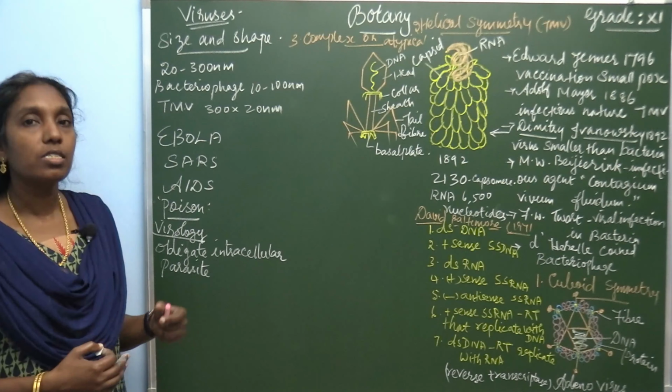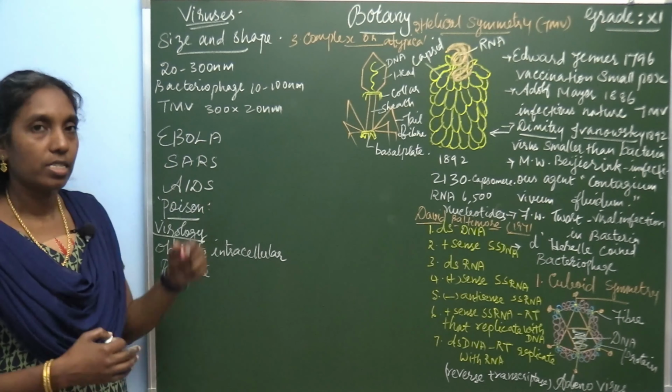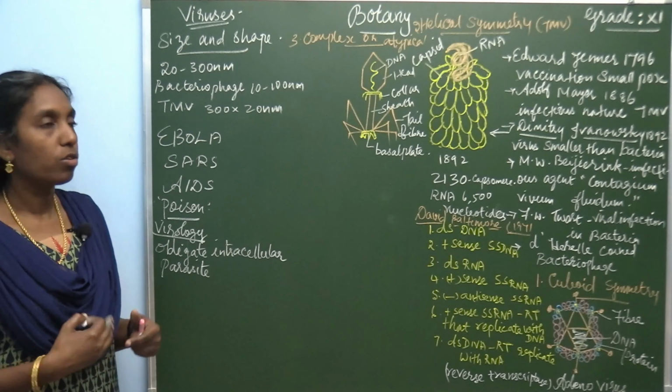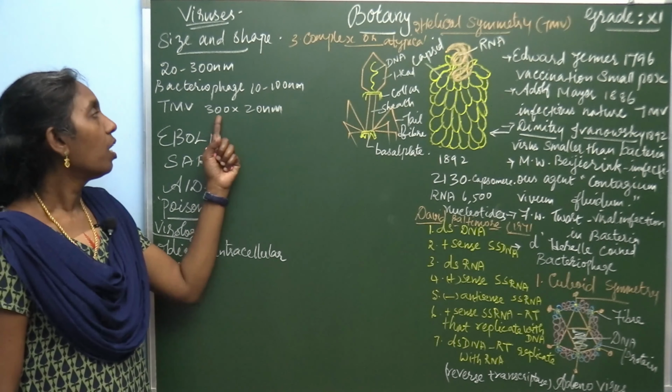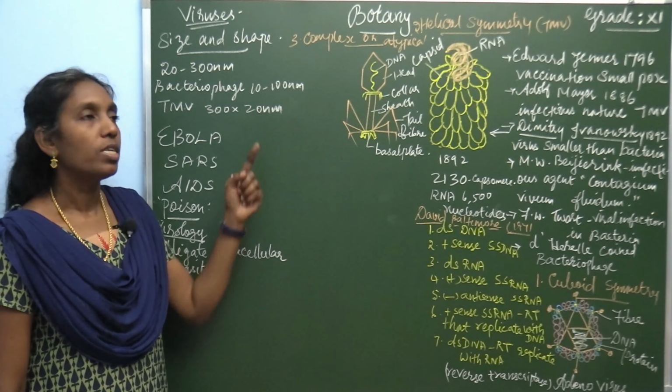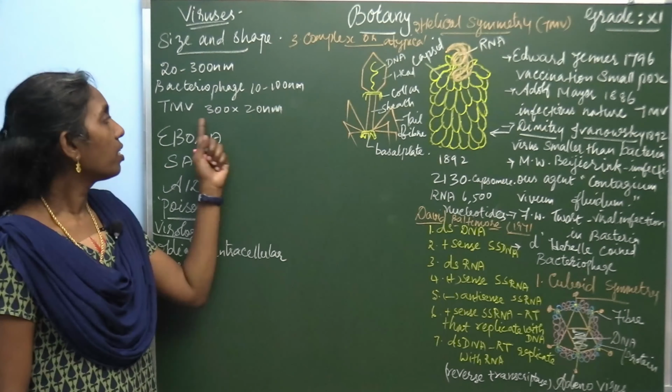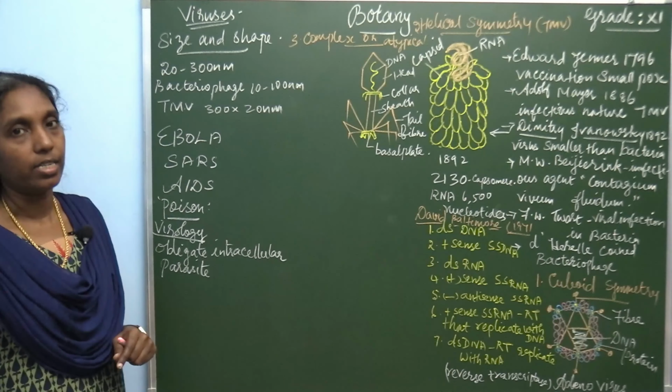Another type of virus is tobacco mosaic virus, TMV, which ranges 300 by 20 nanometers. This is the size of tobacco mosaic virus.